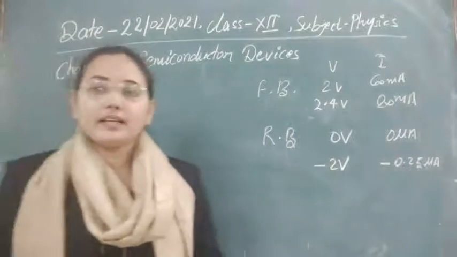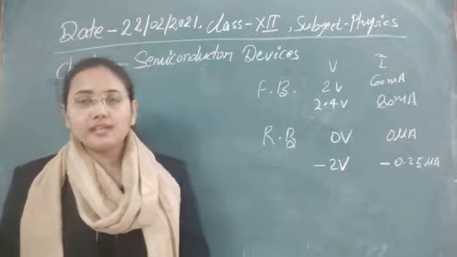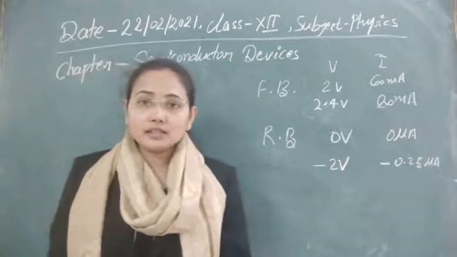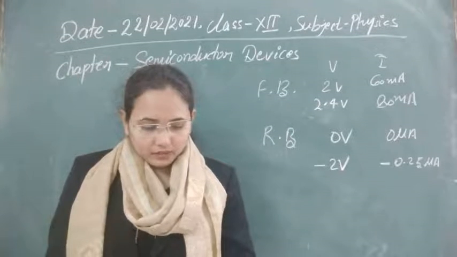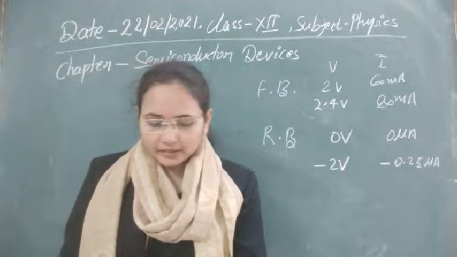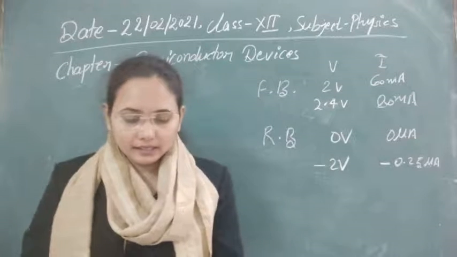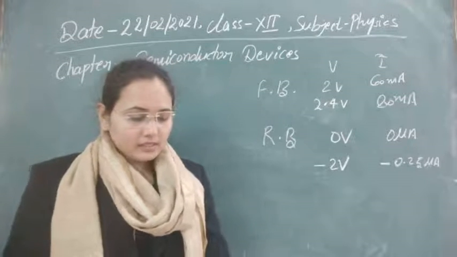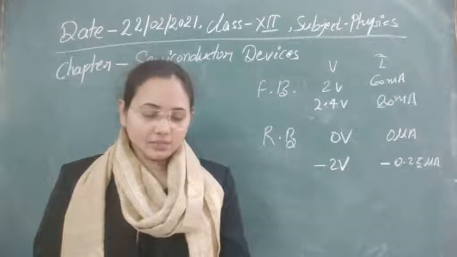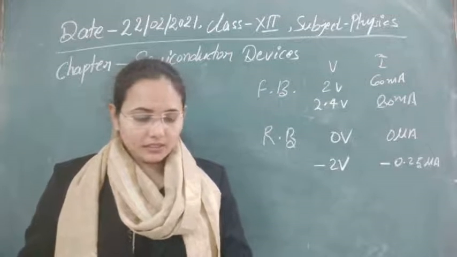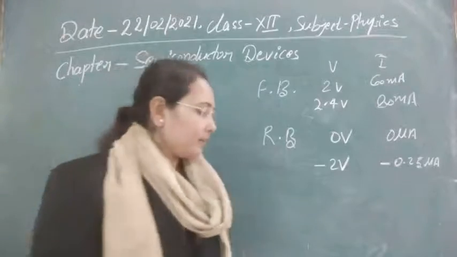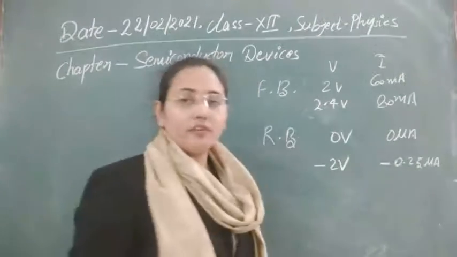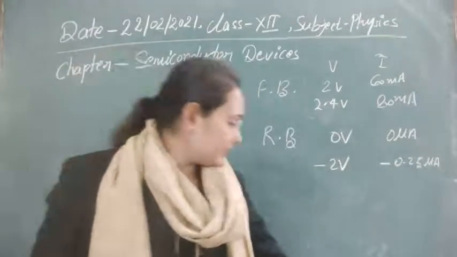a chart for forward and reverse biasing for two different voltages, and at those voltages the current that we are getting is given. So here the question is given: assuming the characteristics to be nearly linear over this range, calculate the forward and reverse bias resistance of the given diode. So here we have to calculate what will be the value of forward and reverse bias resistance.